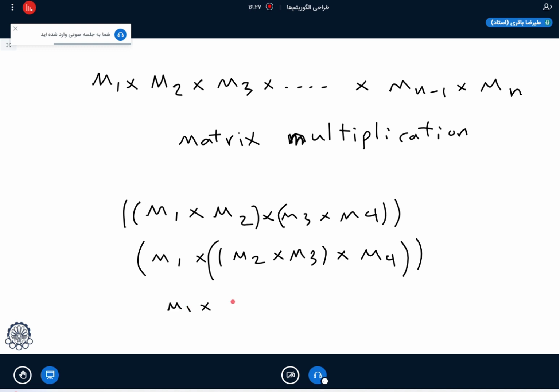Also, we may do like this: M1 is multiplied by M2, then M3, then M4, and so on. So there are various parentheses we can do. We can put parentheses in various ways for multiplication of matrices.